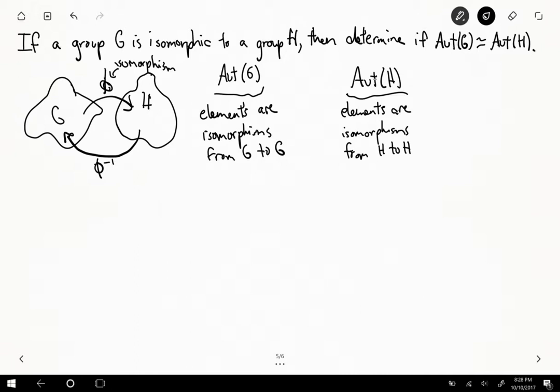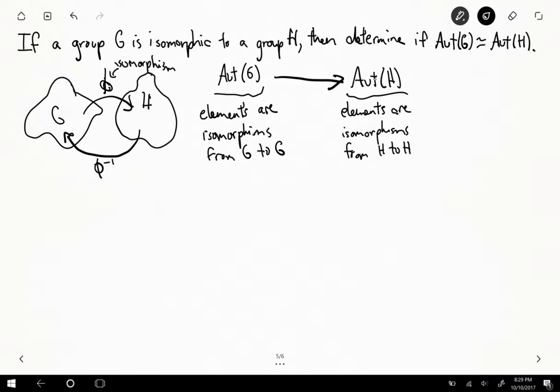Now, okay, what's happening here? Well, we want to take something in Aut G and map it over here. We have to find something first in Aut G, and we'll give something, and then we've got to turn it into something in Aut H. Okay?